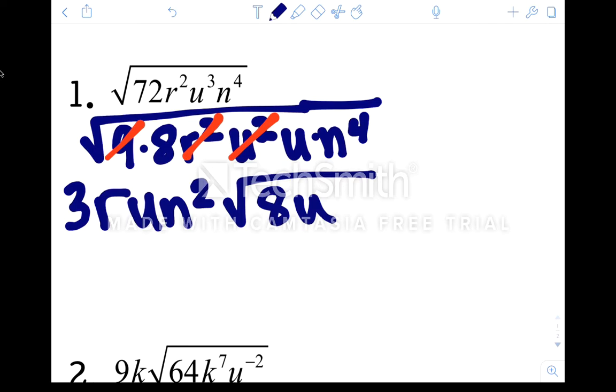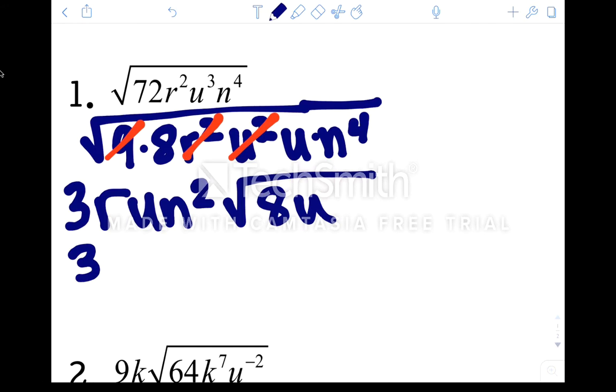So you might look at this and think, all right, great, I'm done. But you're not that lucky. You're not quite done yet, because there's a perfect square that's a factor of 8. So that means that we just did not find the largest perfect square that goes into 72, which is fine. We just have another step to do, because we need to simplify this a little bit more.